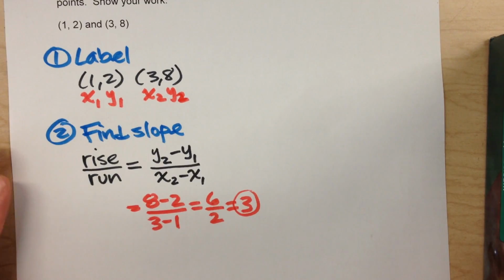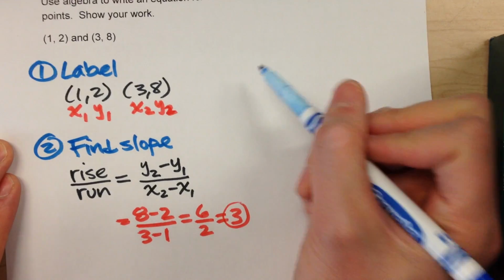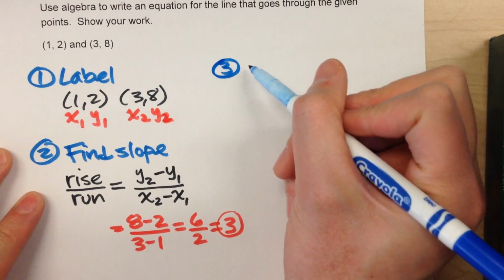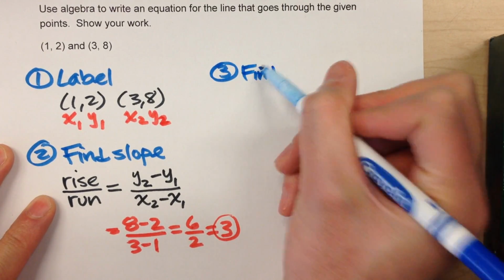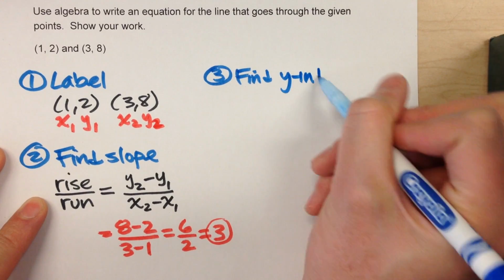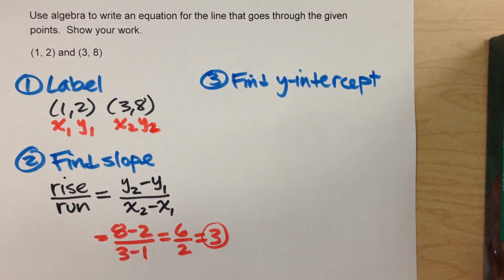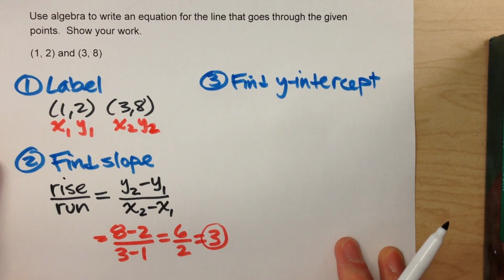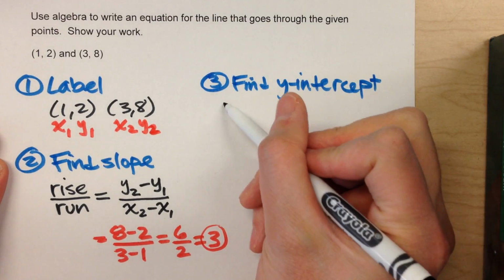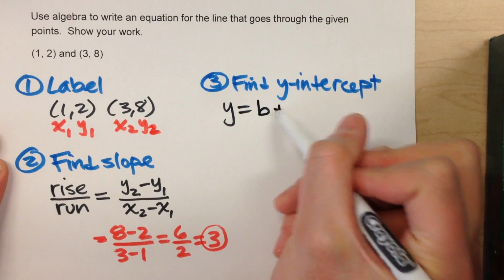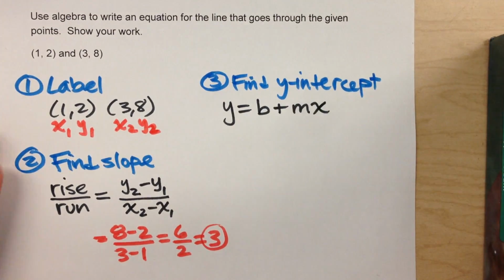Step 3. Once we know the slope, now we need to find the y-intercept. To find the y-intercept, we are going to base everything off our standard equation for a line, which is y equals b plus mx.